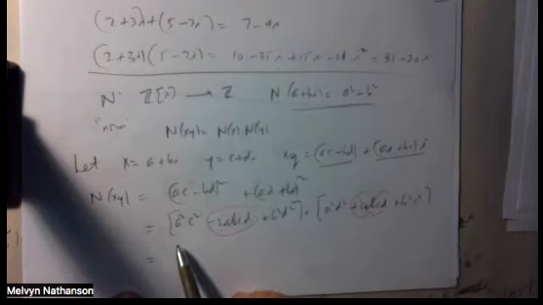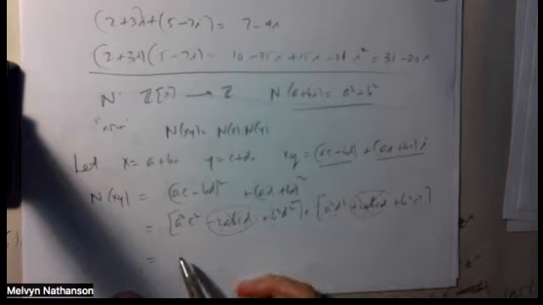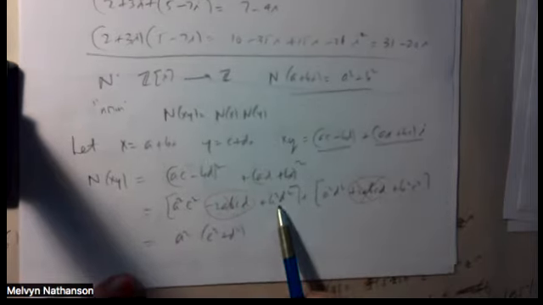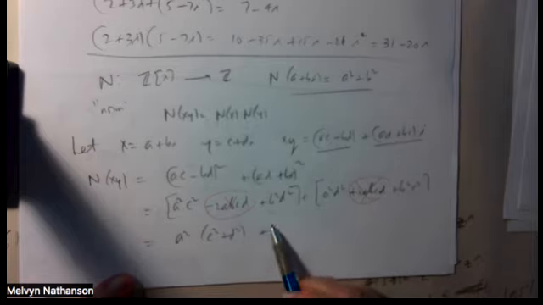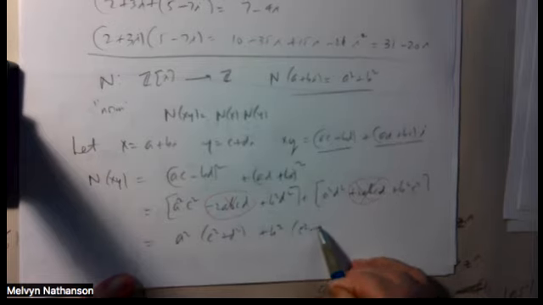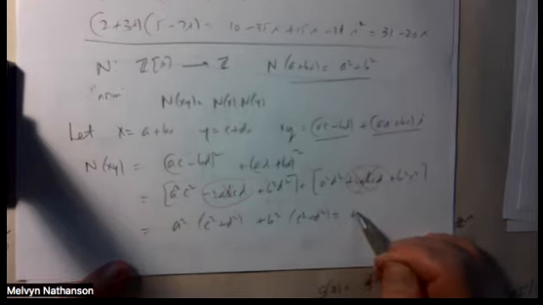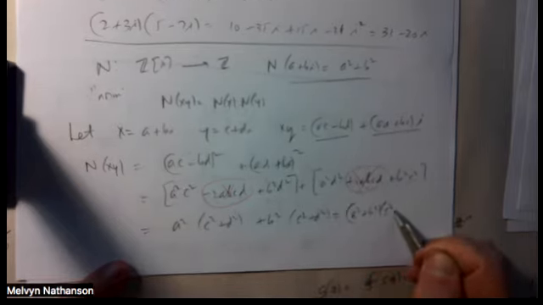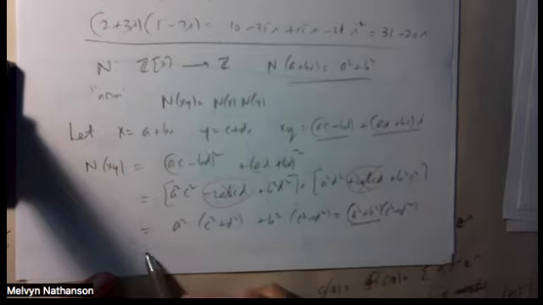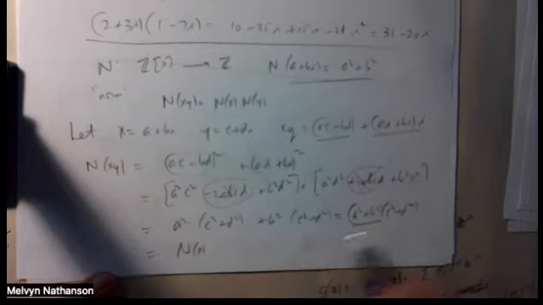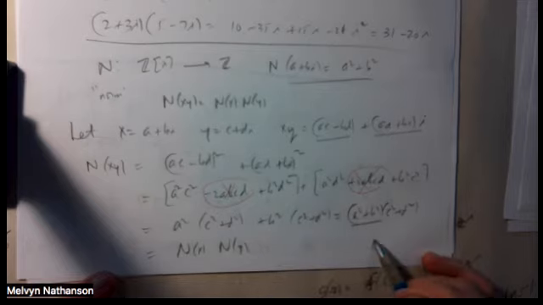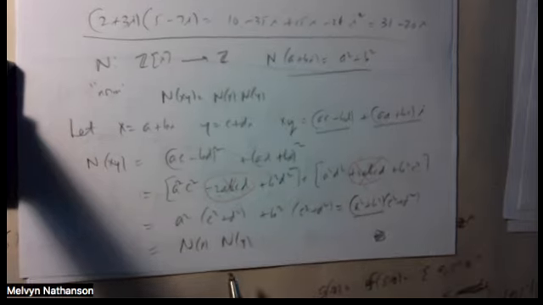So we're left with a squared c squared plus a squared d squared, that's a squared times (c squared plus d squared), and b squared d squared plus b squared c squared, so that's b squared times (c squared plus d squared). And I can factor out a c squared plus d squared. I get (a squared plus b squared)(c squared plus d squared). And this is exactly the norm of x, and this is exactly the norm of y. So that proves this multiplicative property of the norm.